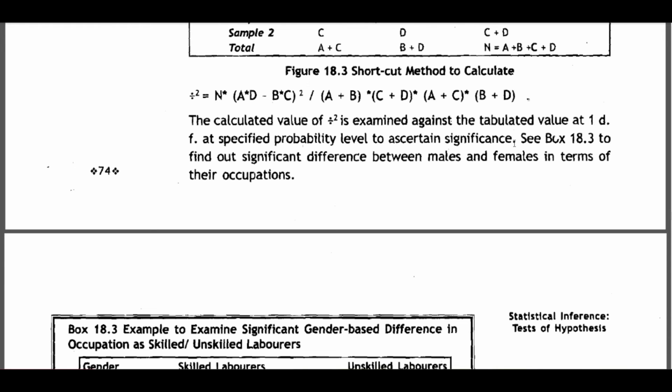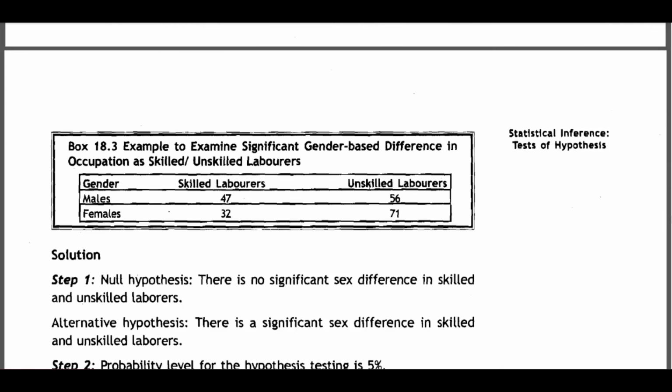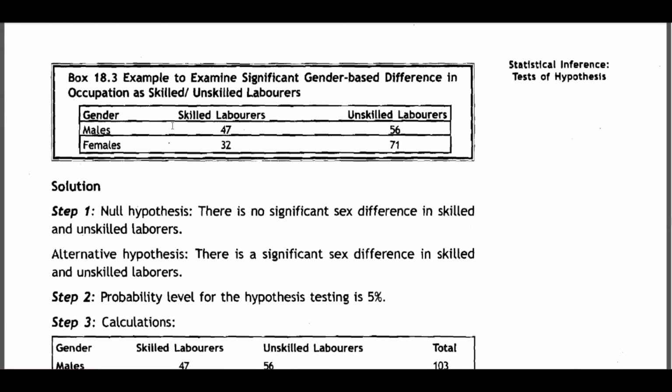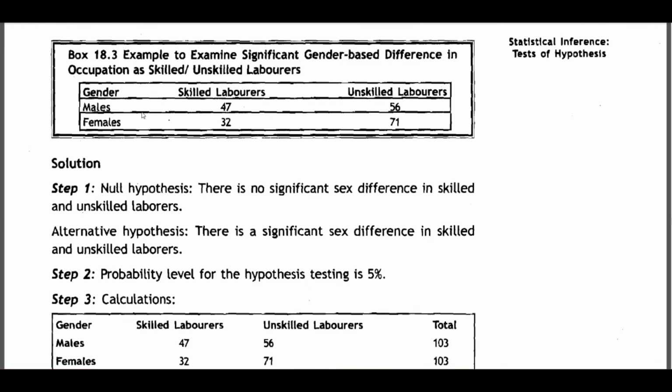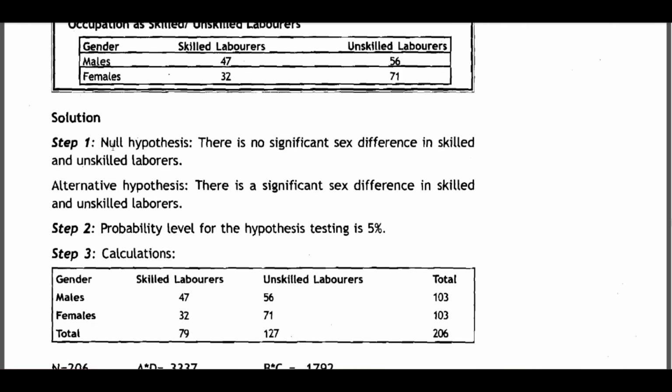See Box 8.3 to find out the significant difference between males and females in terms of their occupations. This is an example to examine the significant gender-based differences of occupation as skilled and unskilled labor. Gender, males and females, how many are skilled and how many are unskilled. So here step 1 is to form the null hypothesis and alternative hypothesis.